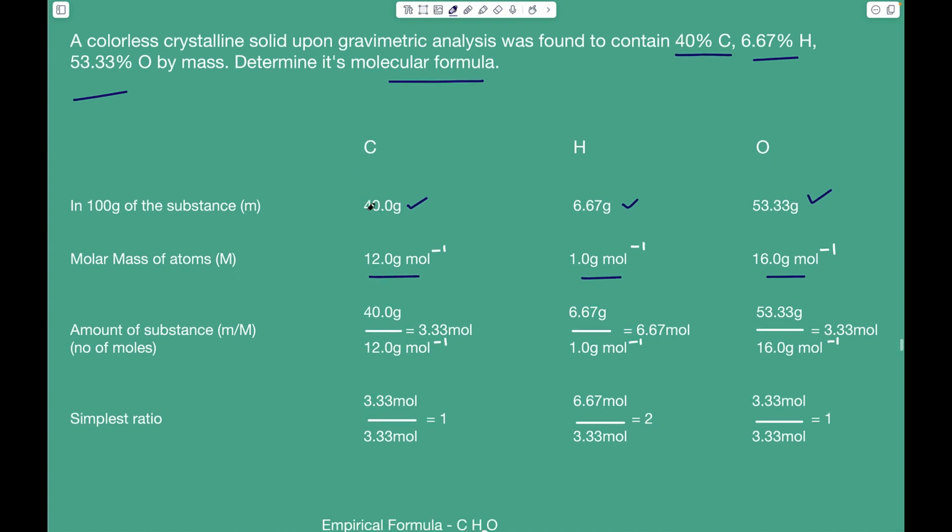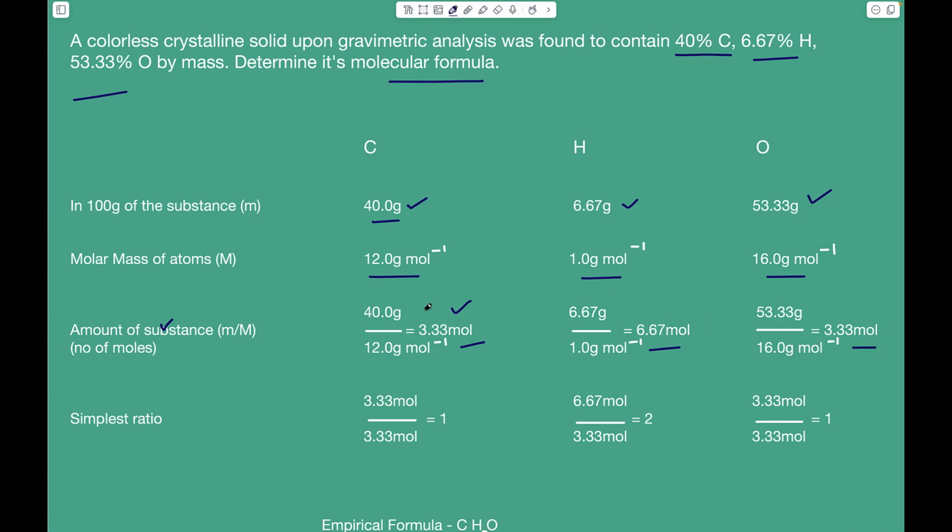And if you divide the given mass with its molar mass, you would get the number of moles, also known as amount of substance. So in 100 grams of the substance, there are 3.33 moles of carbon, 6.67 moles of hydrogen, again 3.33 moles of oxygen.